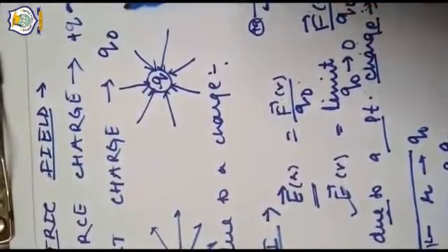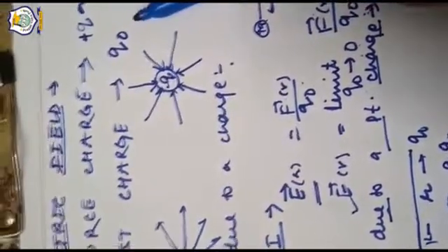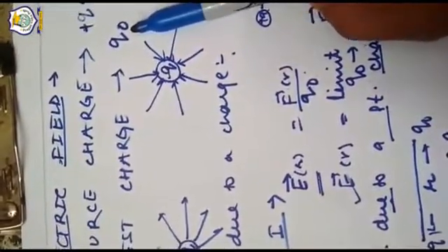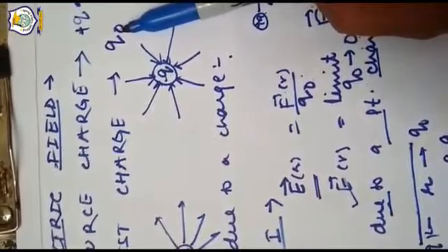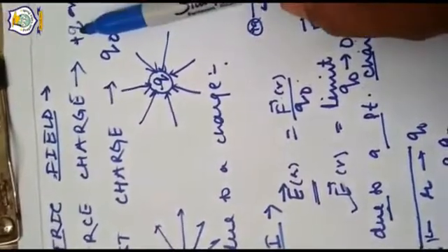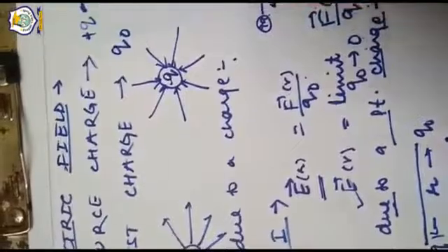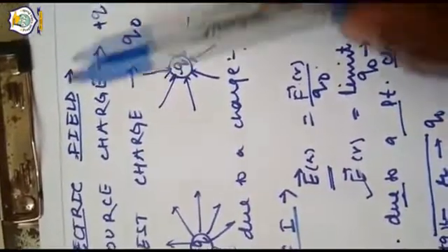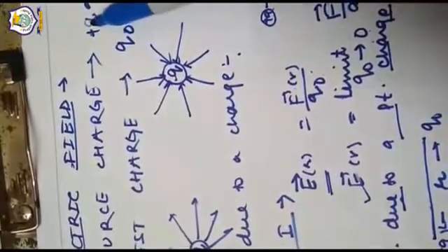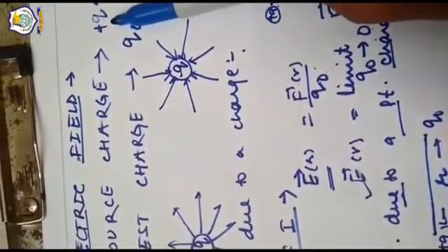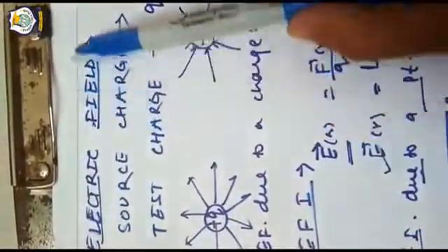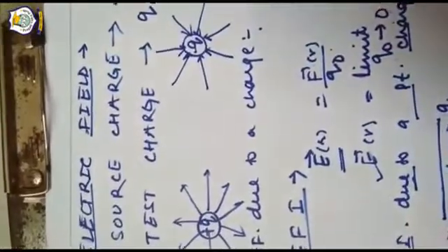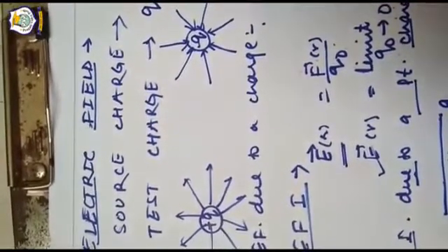Now Q naught is placed near to it at a distance of r, then this Q naught is going to experience the electric force due to plus Q charge. The area in which this Q naught can experience the effect of the force exerted by the source charge is called electric field. So it is that field where its influence can be experienced by the other charge.